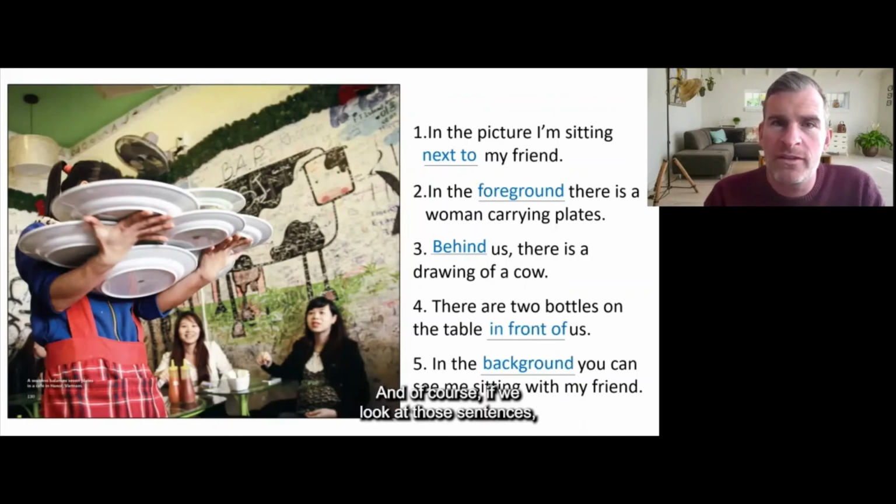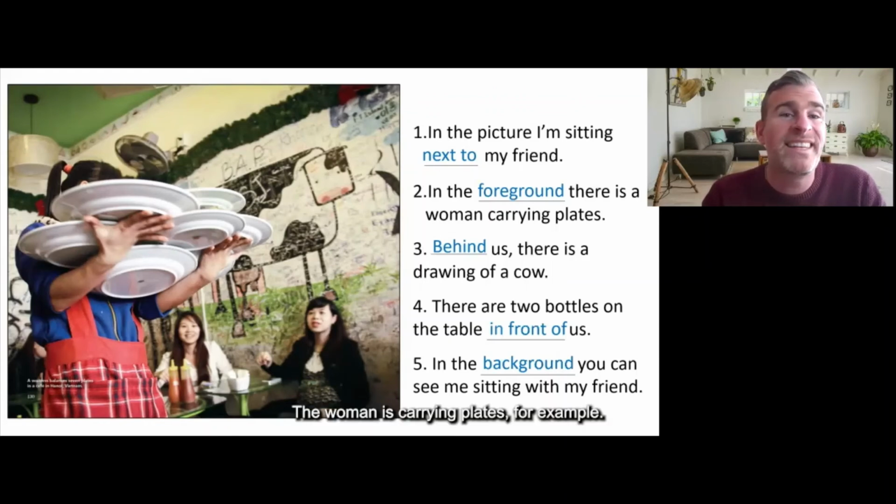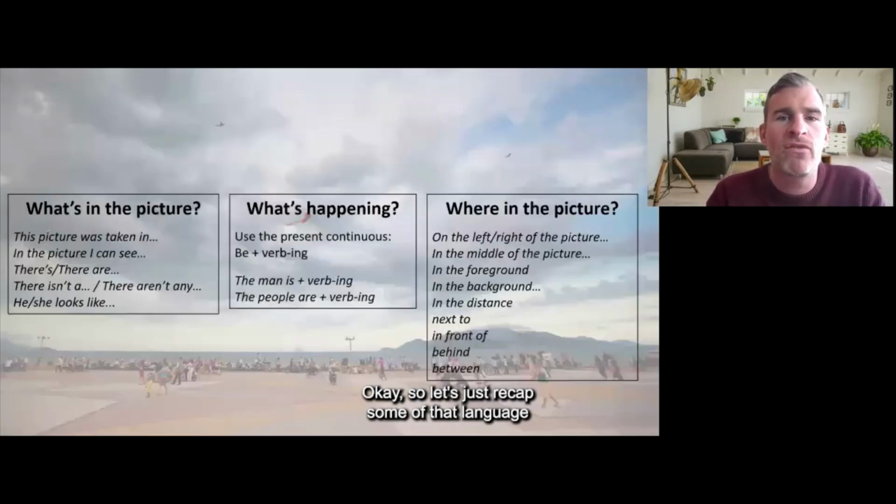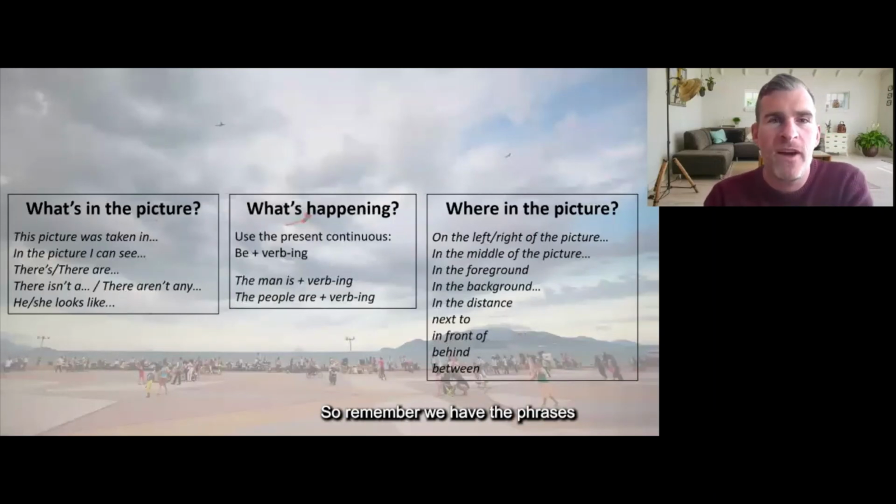And of course, if we look at those sentences, we can see lots of examples of the present continuous. I'm sitting. The woman is carrying plates, for example. And you can see me sitting with my friend. Okay, so let's just recap some of that language for one final time. So remember, we have the phrases for saying what's in the picture.